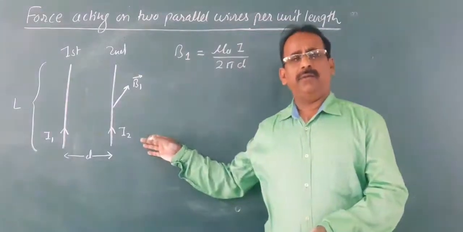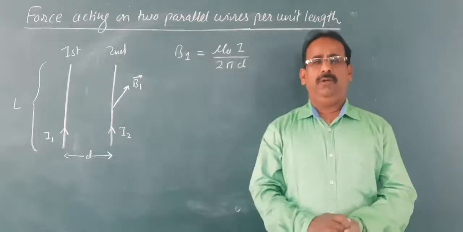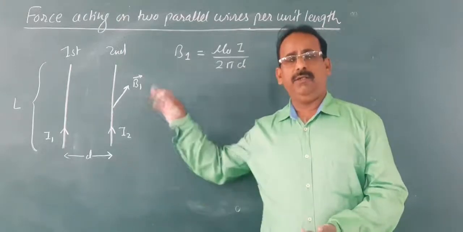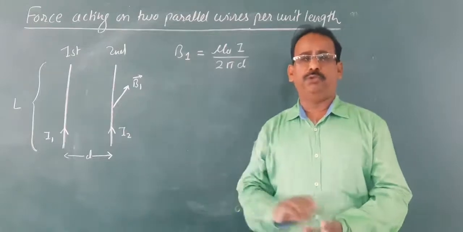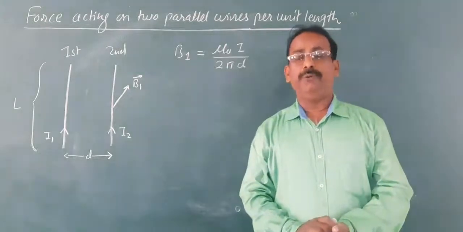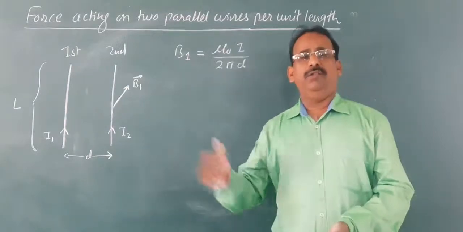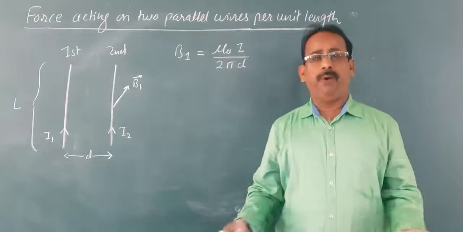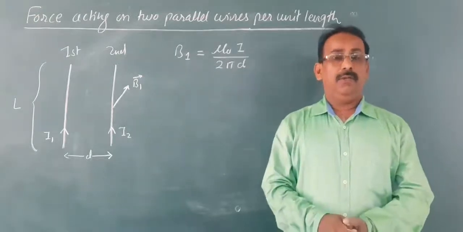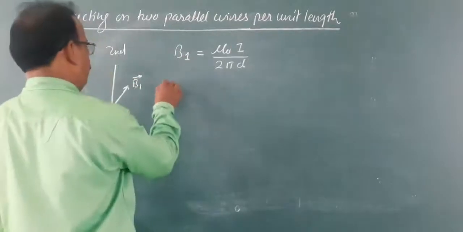This second wire is in this B1 field and current I2 is passing through that wire. Therefore, on this current carrying wire, which is in a magnetic field, a force will act. This force, the force acting on the second wire, is denoted by F2.